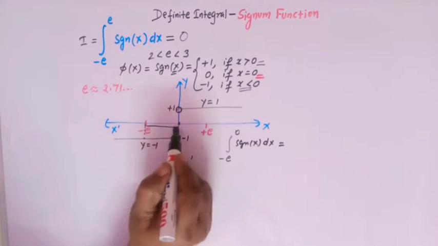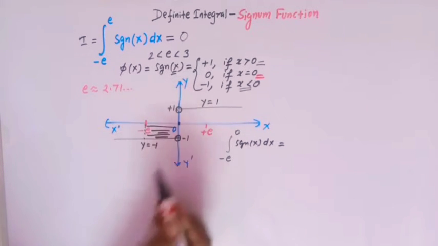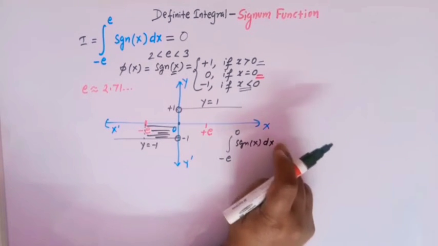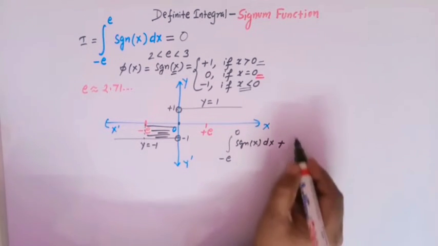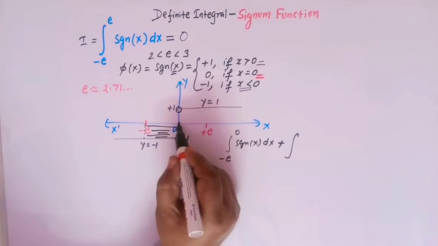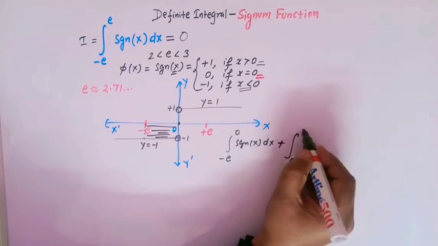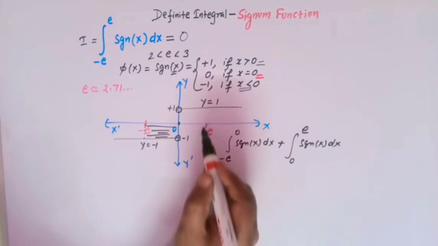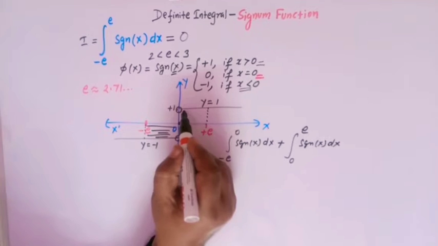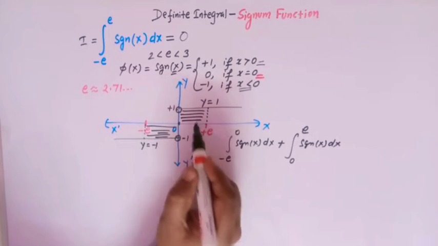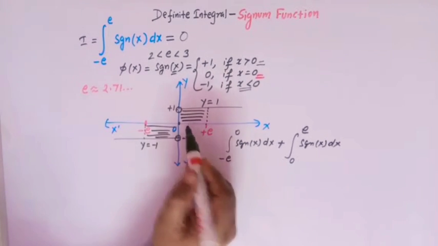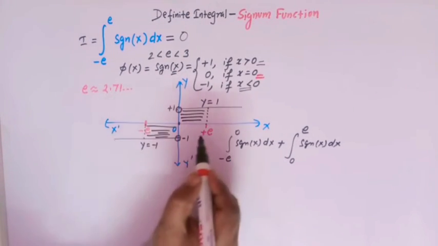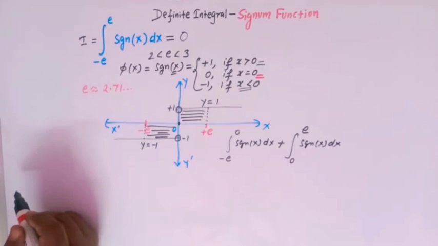And when we integrate signum of x from 0 to e, then we have this area. In that case we see that the value of this integral from minus e to e is 0, right?